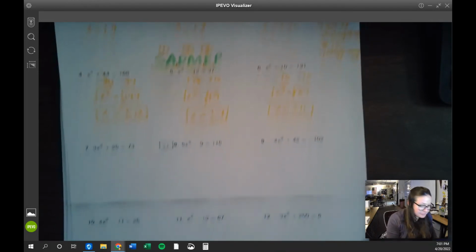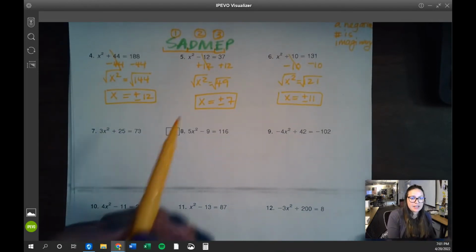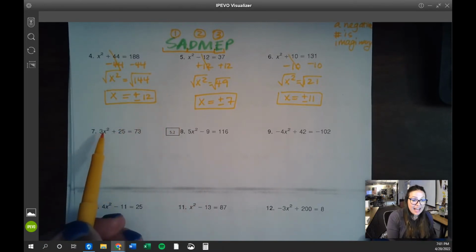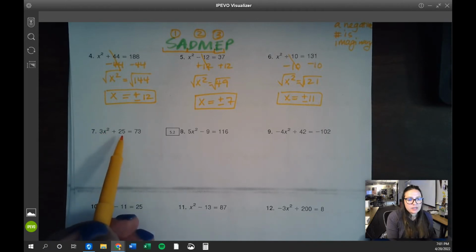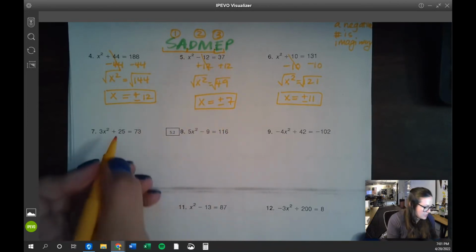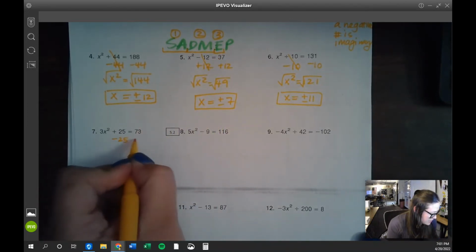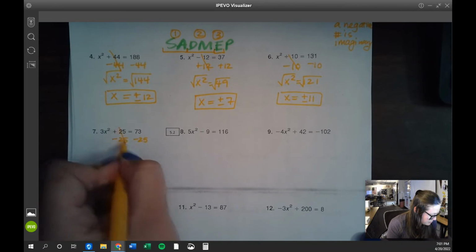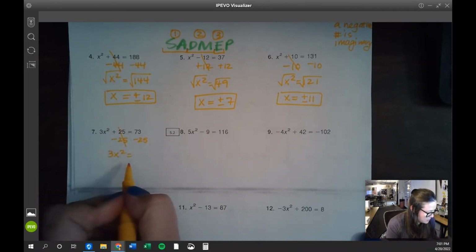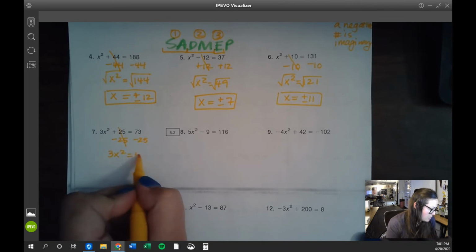Okay, moving on. We're going to add another step here. So we have 3 times x squared, so we need to undo multiplication, we need to undo the exponents, and we need to undo addition. But if we follow SADMAP, the first thing we are going to undo is the addition. So that gives me 48.